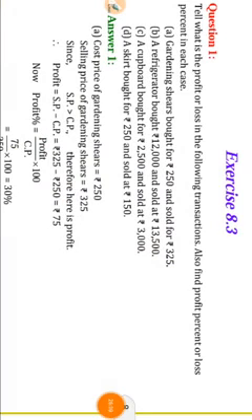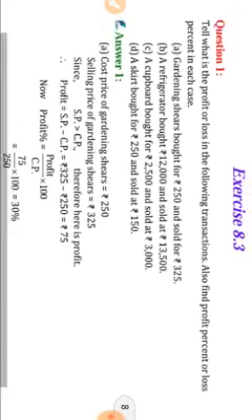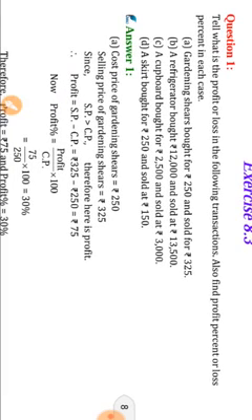This is related to profit and loss and ratios to percentage. Tell what is the profit or loss in the following transactions. Also find the profit percentage or loss percentage if applicable. Gardening shares bought for 250 rupees and sold for 325 rupees.